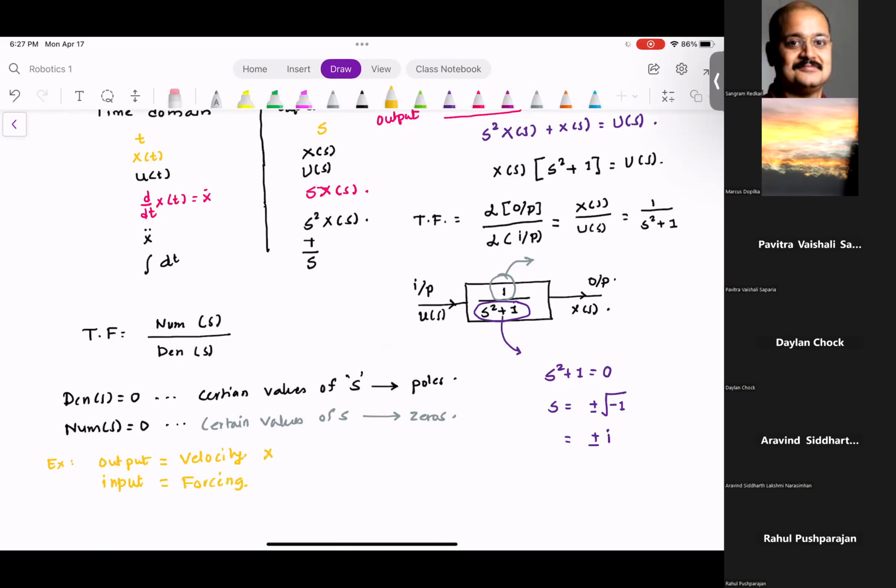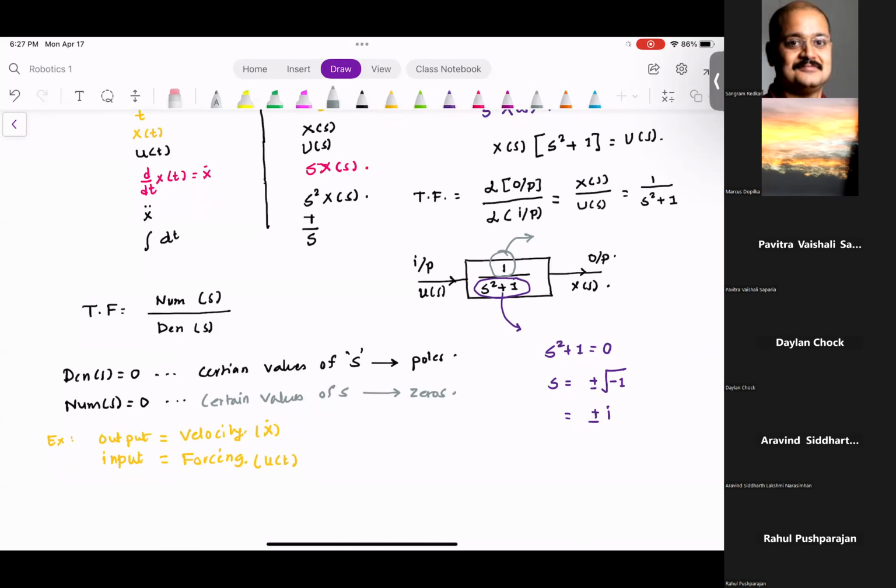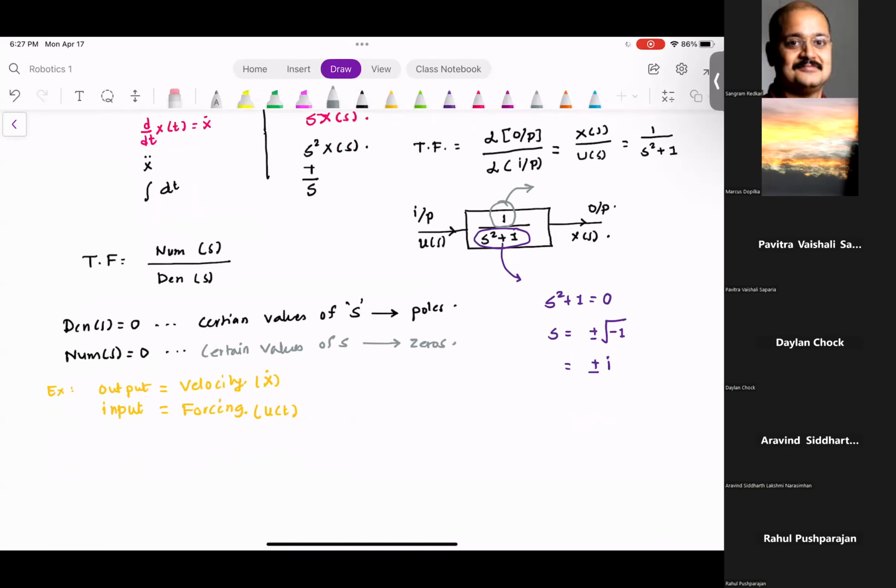So my output is x dot, my forcing is u of t. If you look at my transfer function, which is output divided by input, it is going to look like s divided by s square plus 1.